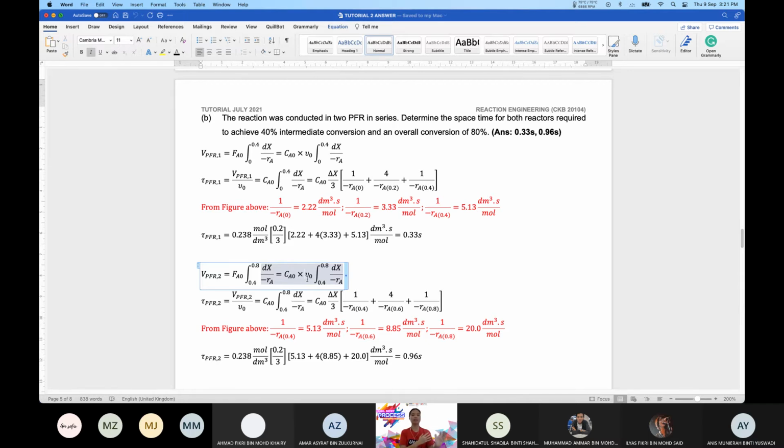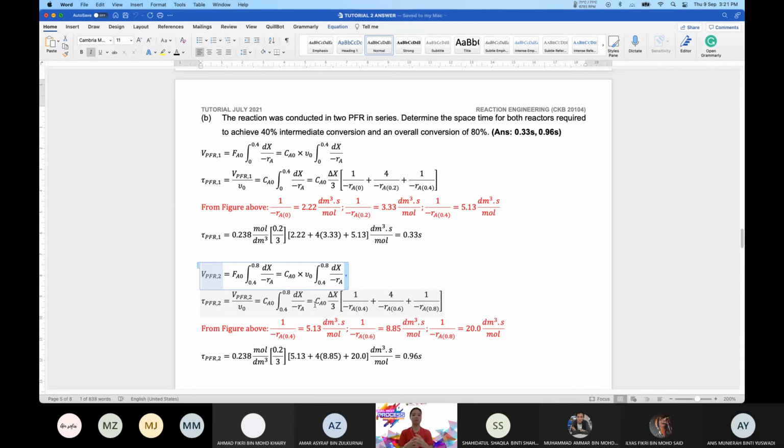When I move it to the left-hand side, it becomes volume per inlet volumetric flow rate, which is the space time for my second PFR. The right-hand side is left with CA0 and my integral part. CA0 stays, and the integral part becomes the Simpson 1/3 rule.